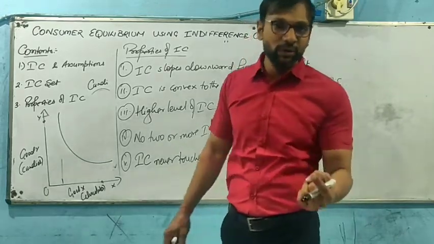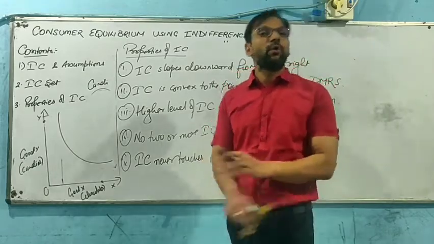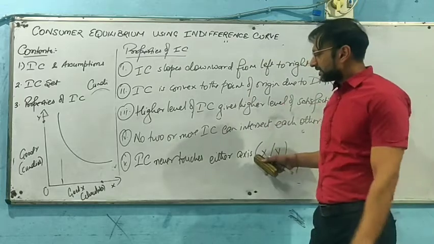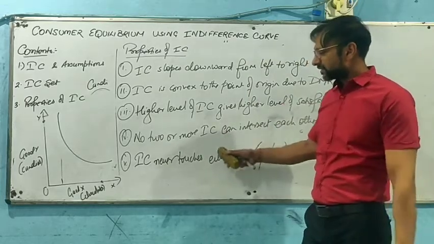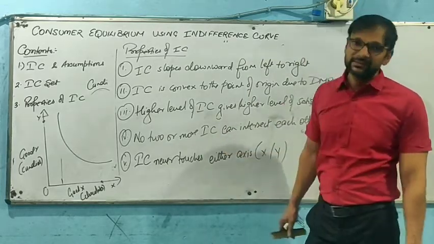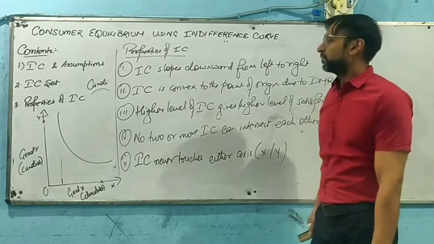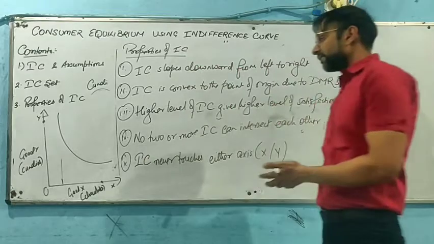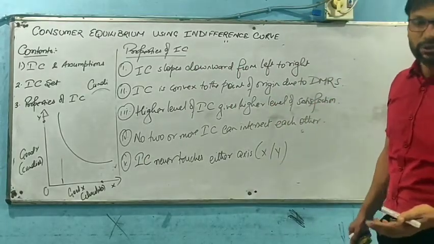If there will be one good, the same level of satisfaction will not be able to be obtained. So we say indifference curve never touches either axis. Okay. So basically these are the properties of indifference curve that we have seen.